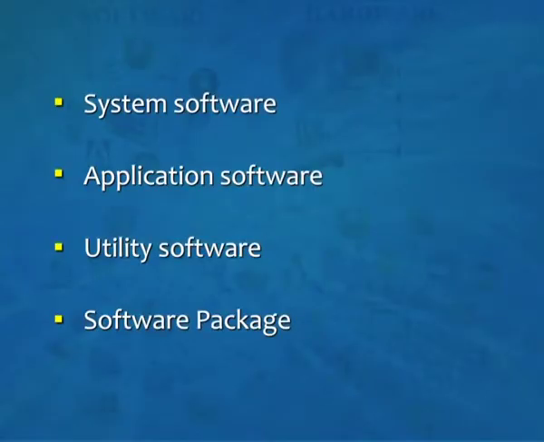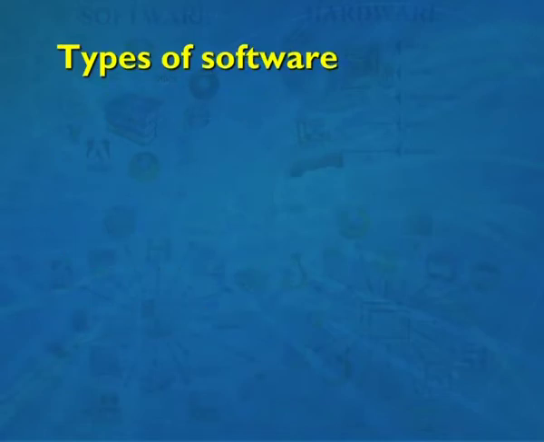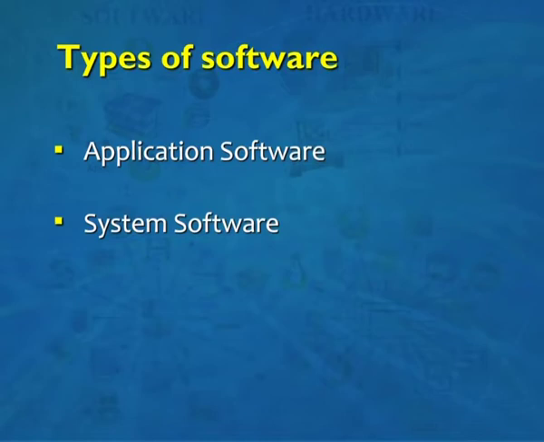There are different types of software such as system software, application software, utility software and software package. Mainly there are two types, application software and system software.